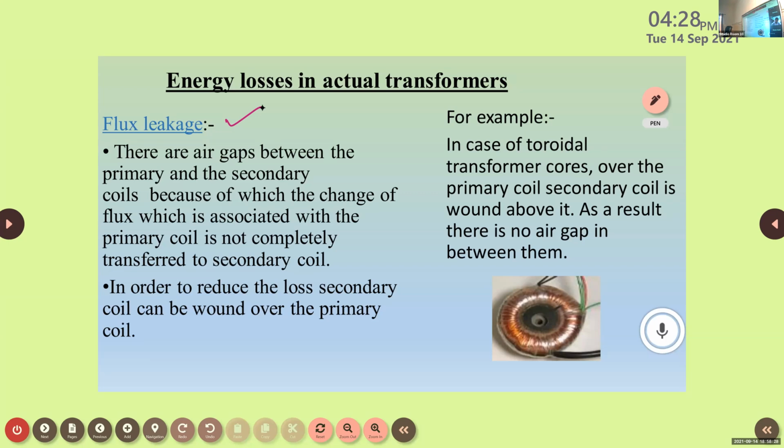So here we can reduce this flux leakage by winding the secondary coil over the primary coil, that is in the case of toroid. In the case of toroid, the secondary coil is wound over the primary coil.